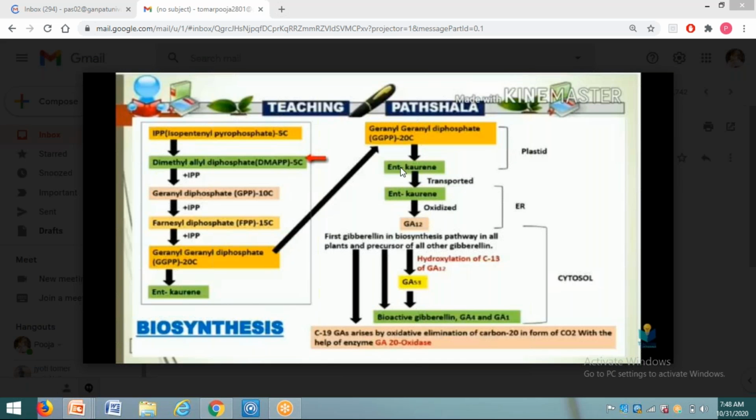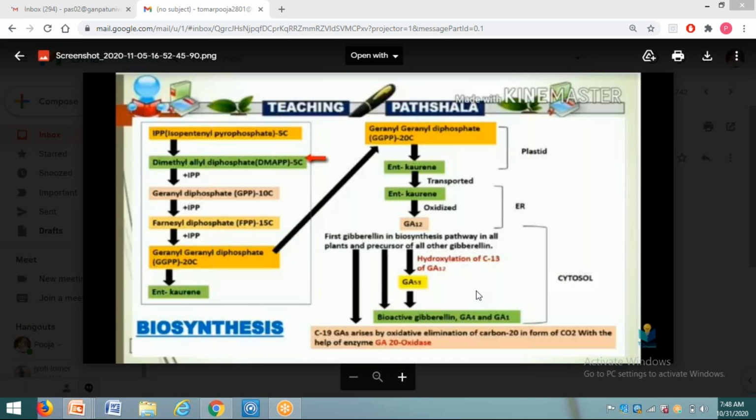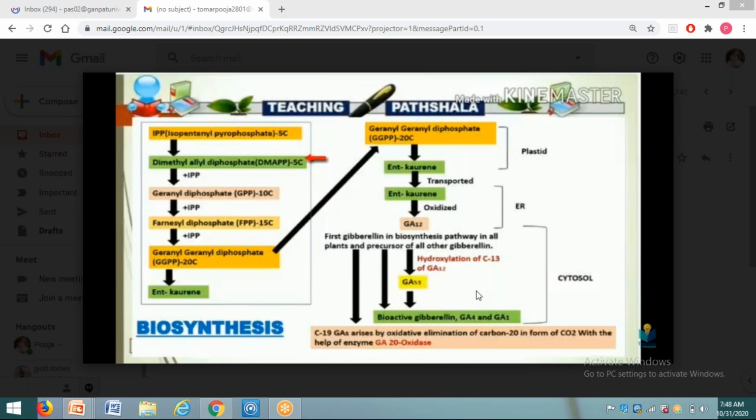It is transported and it is oxidized. In the plastid, then in the endoplasmic reticulum, it is transported and oxidized. And from the endoplasmic reticulum it is moved to the cytosol, and in the cytosol the process of hydroxylation takes place. So in the cytosol, as I told you, the hydroxylation process makes the gibberellic acid active.